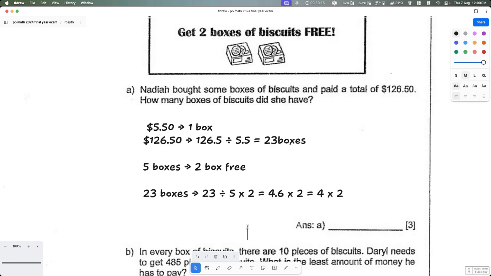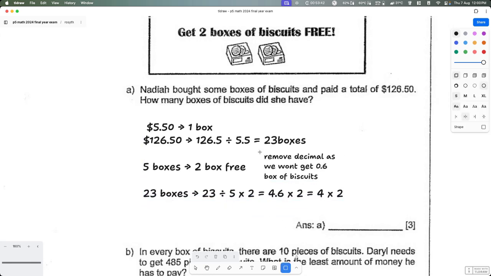I'm gonna write down very small. Remove decimal, as we won't get 0.6 of a box of biscuits. Okay, so that is the real world, right?